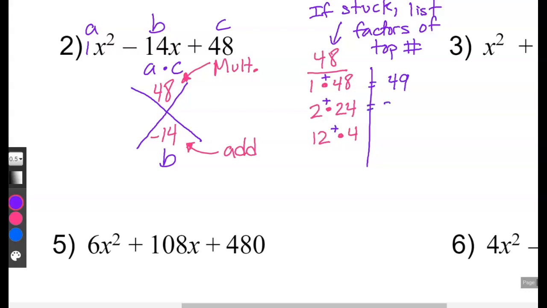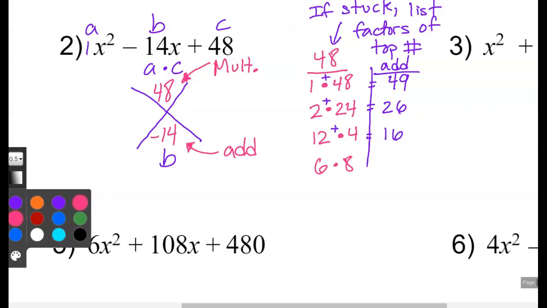What else? Say it again. 8 times 8 is 64. 6 times 8.